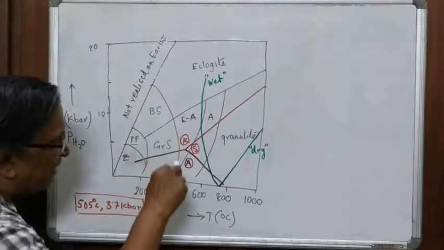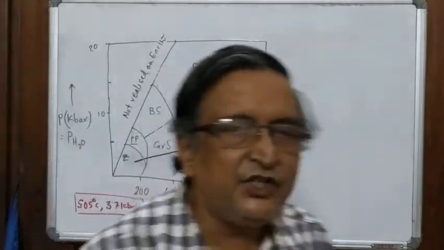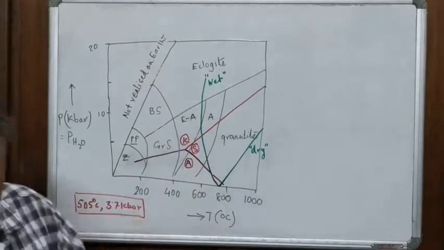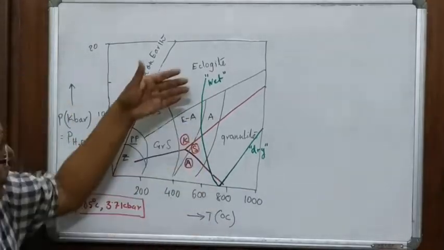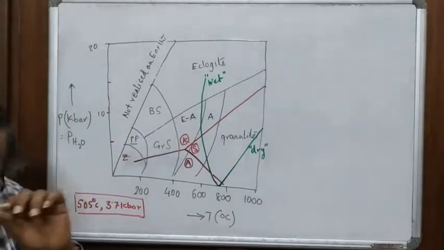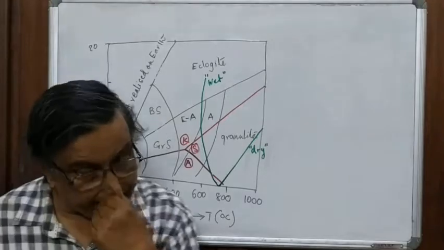And the nature of the boundaries are like this because they essentially represent a particular reaction. I will go into the details of this. So this line, for example, marks the lower boundary, it's a reaction boundary. It marks the lower limit of the eclogite facies.